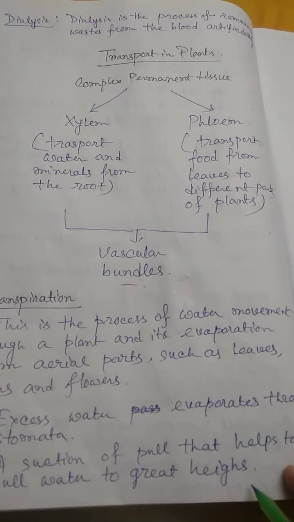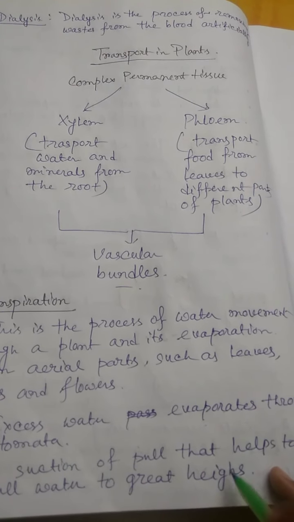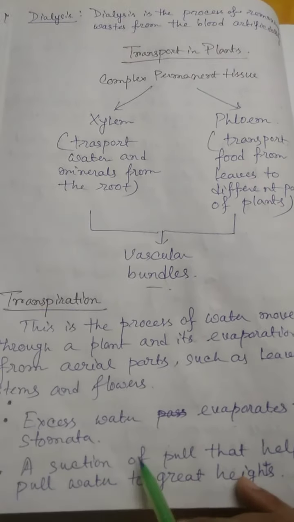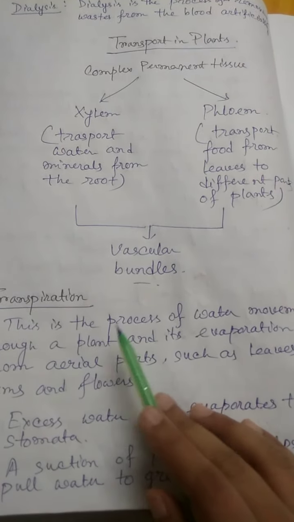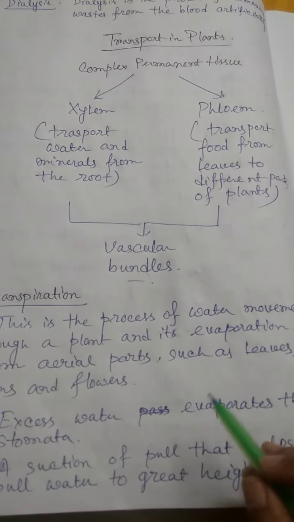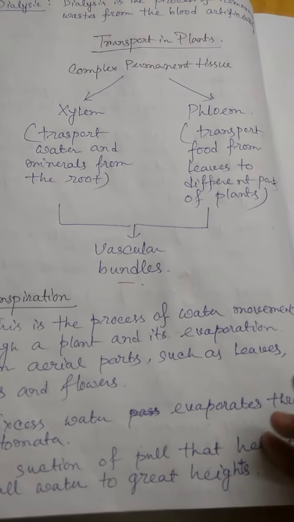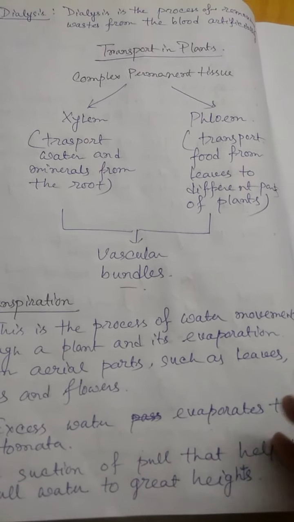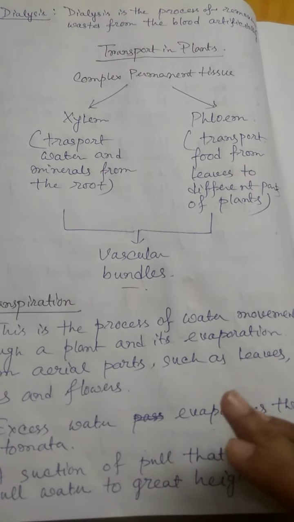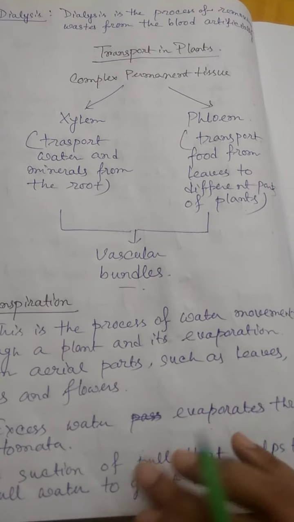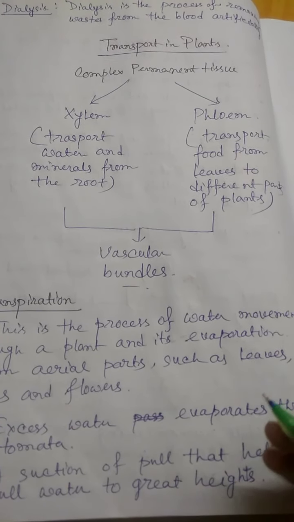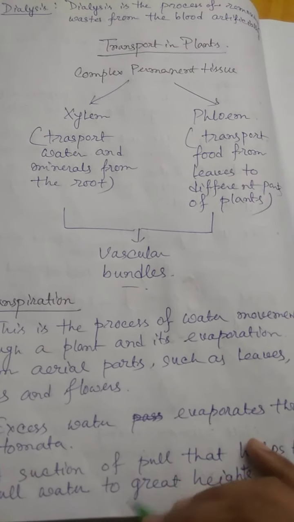Now what happens? As in transpiration the excess water is going outside into the environment, a vacuum occurs inside of the plant. Because of this empty space, the root absorbs the water once again.